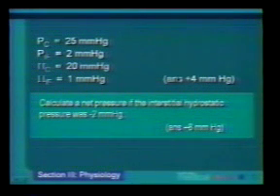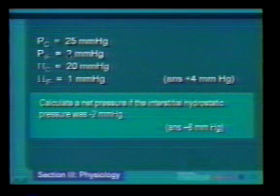The only tricky part of this question is that every once in a while they may give interstitial hydrostatic pressure not as a positive pressure, but as a negative pressure. They may say the pressure in the interstitial fluid is minus 2 millimeters of mercury.